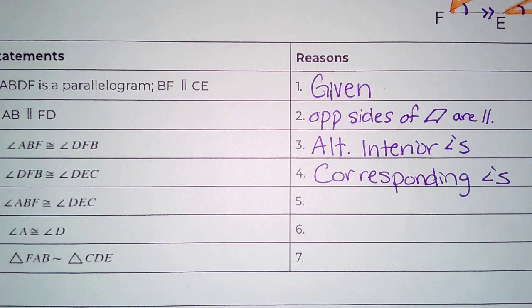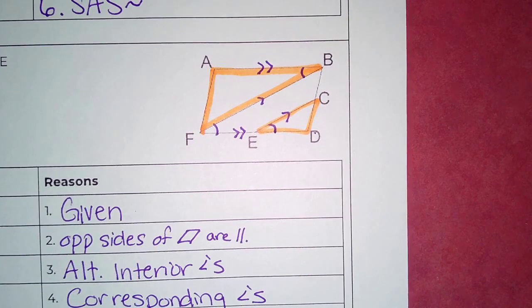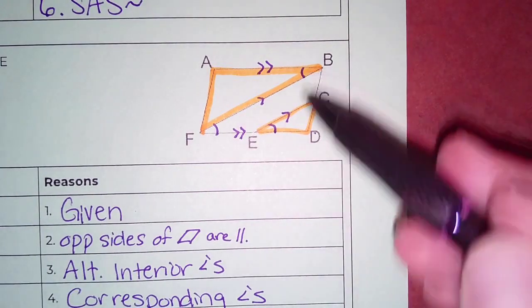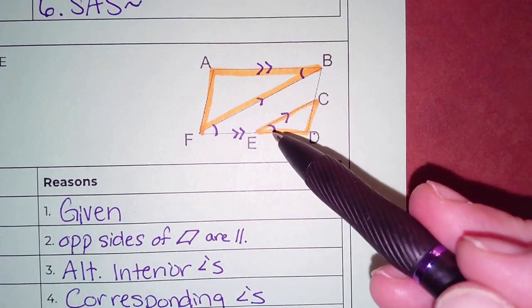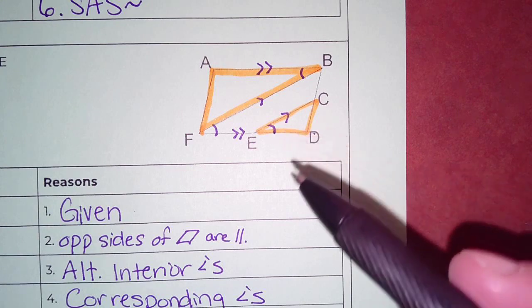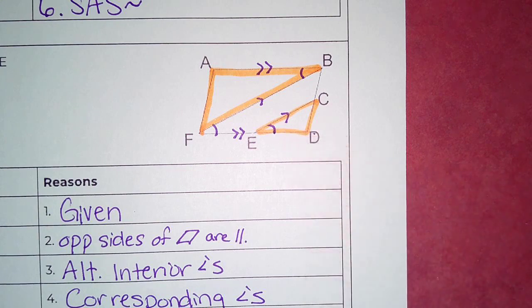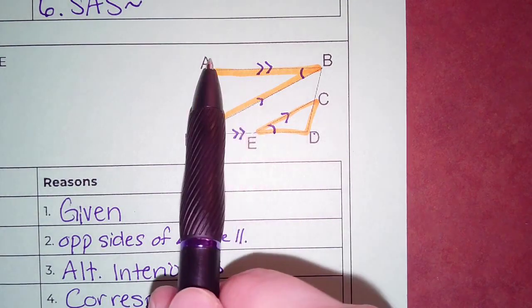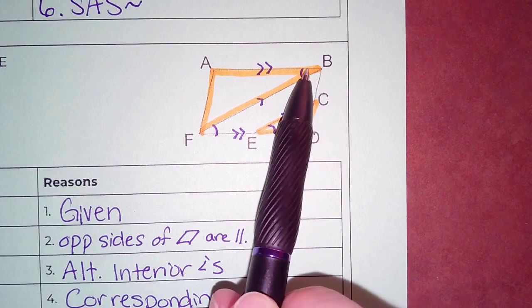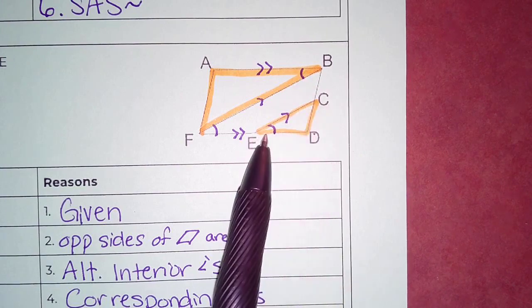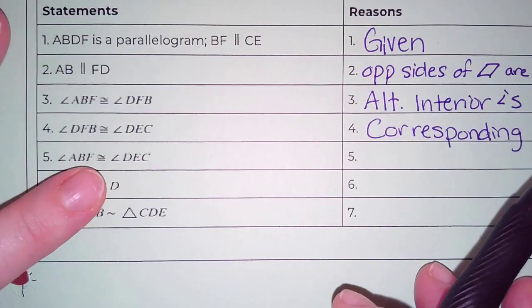So now visually, if I look at my 2 orange triangles, I can see inside both of them, I now have B and E here marked with 1 mark. Now we can't really write that in our proof, but we can use that knowledge to drive our proof. So my next step, I did say that ABF, this one, is congruent to DEC. Now why is that true?